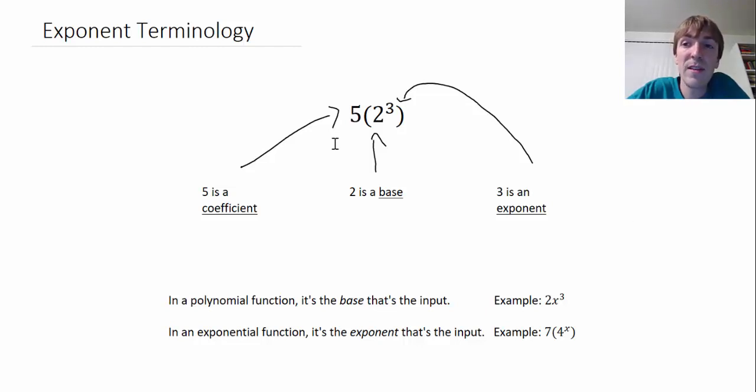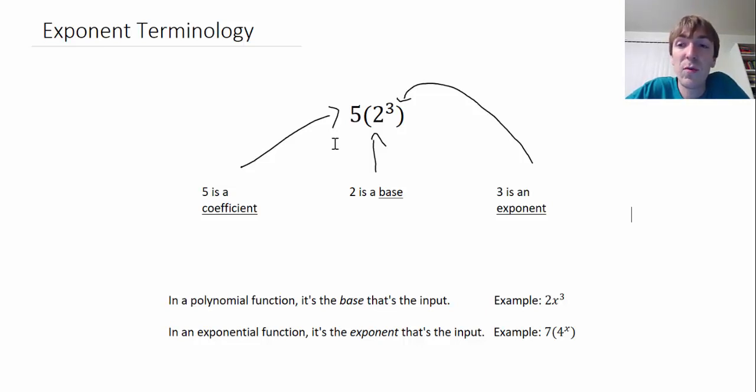The 5 sitting out front is a coefficient. Pretty much we use coefficient the same way we use it for polynomials, as something that's being multiplied to the entire thing. The 2 is a base of the exponent, and that 3, as before, is what we call the exponent itself. So we've got coefficient, base, and exponent.